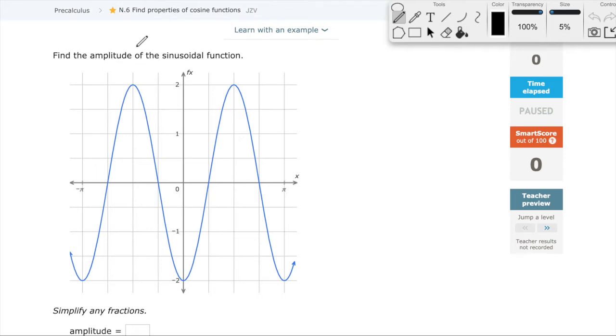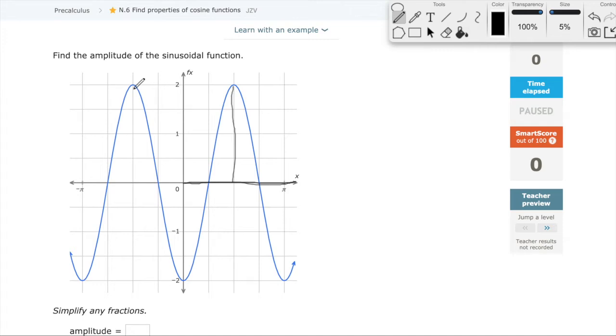For amplitude of a function, we're thinking about how far from the middle of the graph. By the middle, I would mean like this right here where this kind of jagged line is that I'm drawing, to the top of the graph. So like here. And we see that that's 2 units, so my amplitude in this case would be 2.